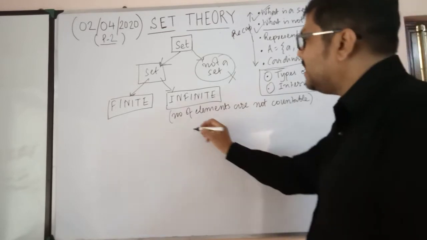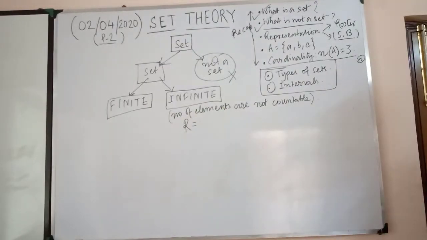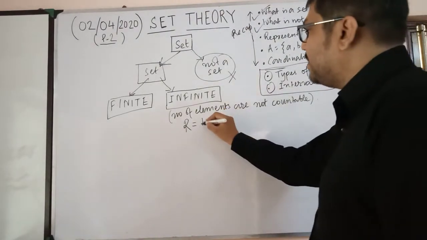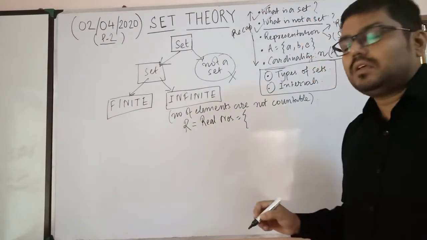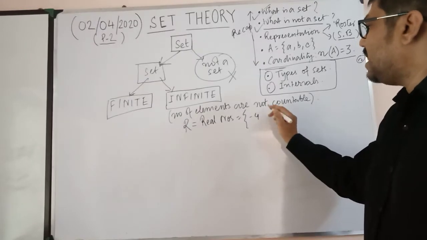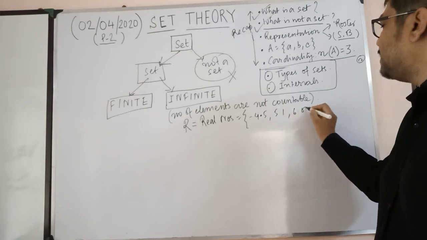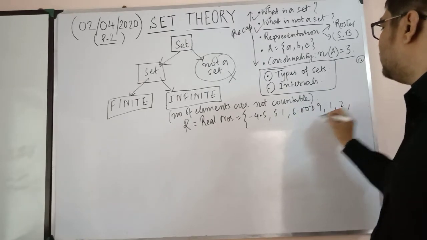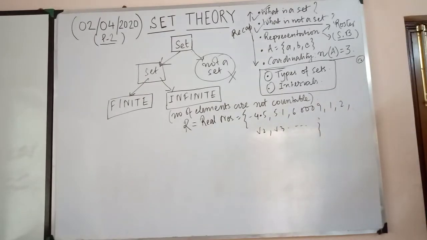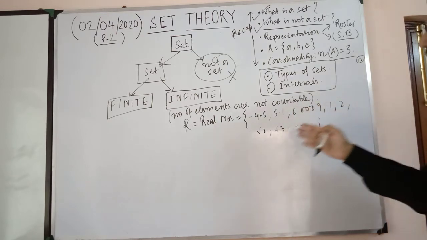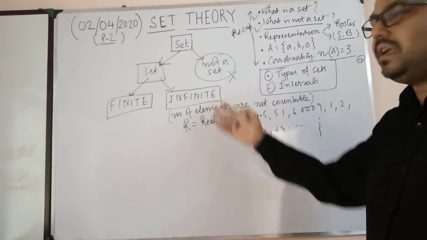For example, real numbers, capital R, a set of real numbers. Obviously many real numbers are there. Say I can write minus 4.5 or 5.1 or 6.009 or 1, 2 or root 2, root 3, anything over here. So obviously the number of elements we can write here is uncountable. So that is a kind of infinite set.